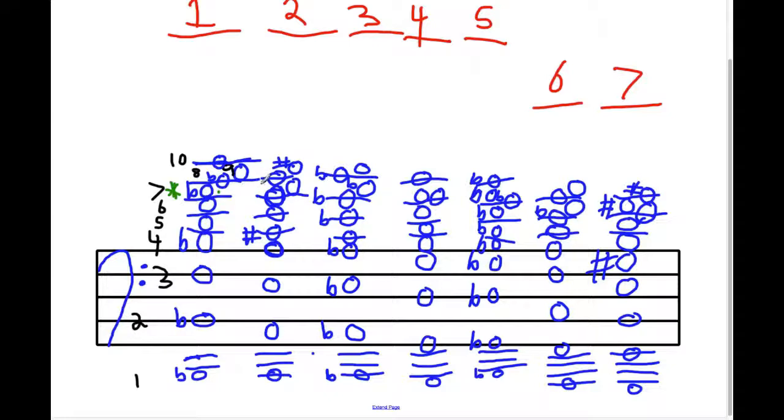So let me quickly go through the 7th partial for the rest of these, and these 7th partials in particular need slide adjustments. So 7th partial for second position: 1, 2, 3, 4, 5, 6, 7. The 7th partial note is this G natural right here.